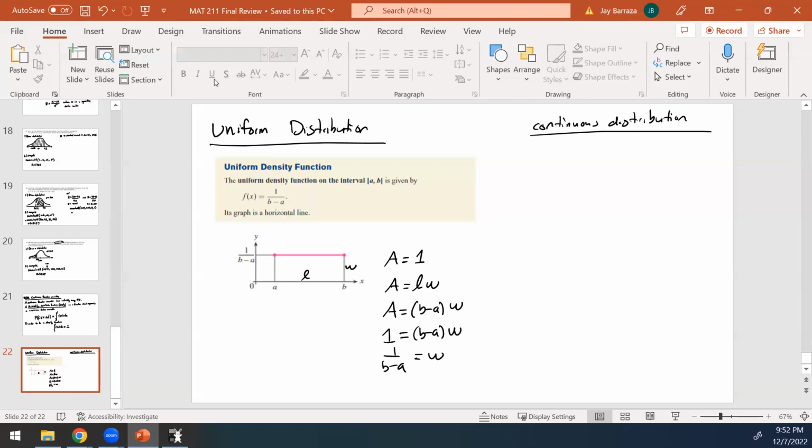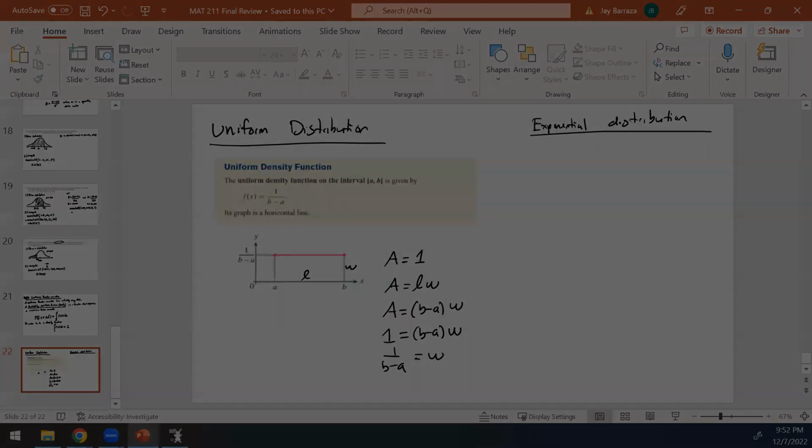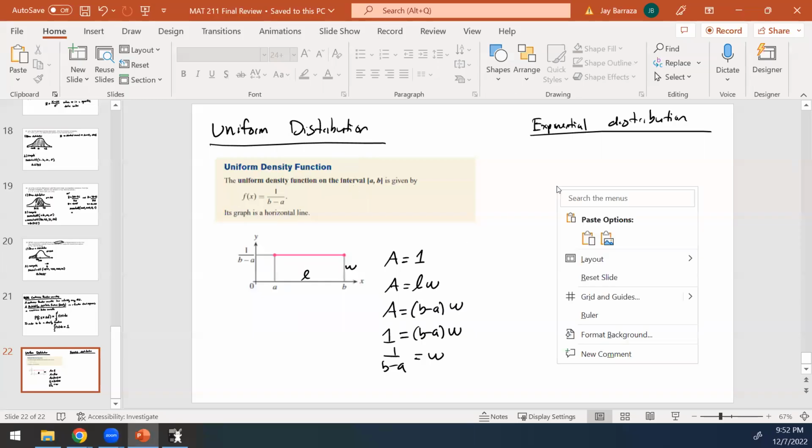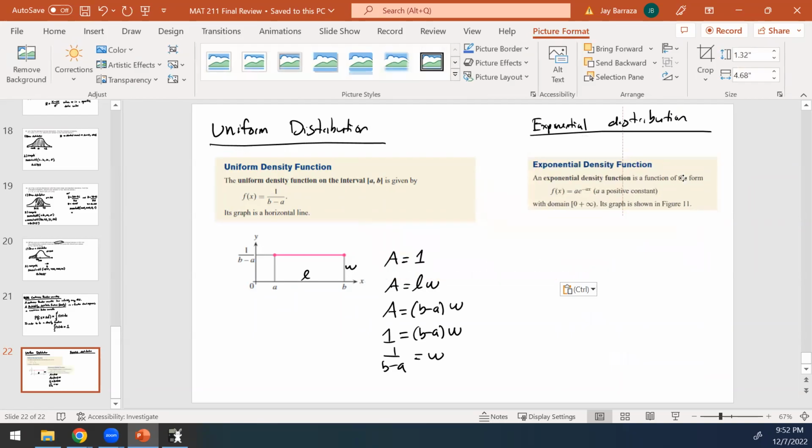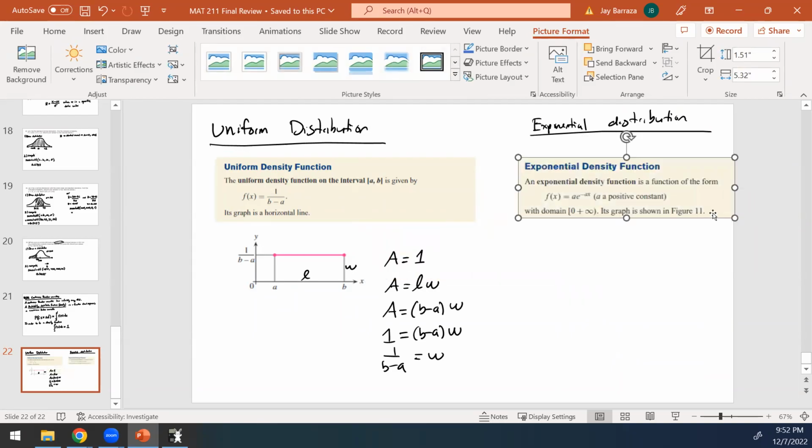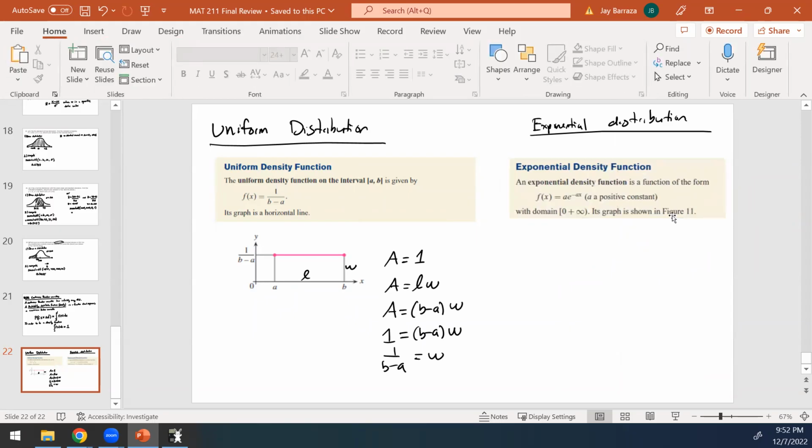Now, continuous distribution, or sorry, continuous is the wrong word. I want to say exponential. But the word continuous does apply to it. So an exponential is going to be of the form c e to the dx, and that's why I changed my letters, so I don't have that conflict again.